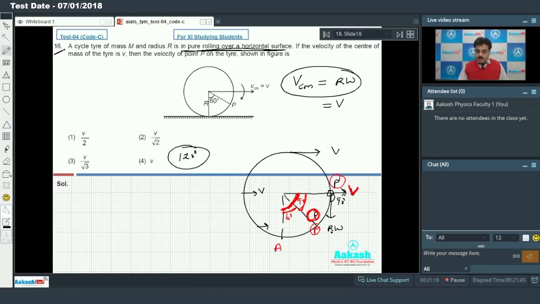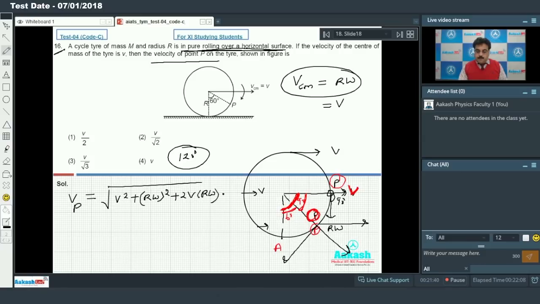Now I am going to take the velocity. Because I need to calculate the velocity of point P on the tire, we will use v is equal to the square root of v square plus r omega square plus 2 times v r omega cos 120. But as I said, r omega is equal to v.